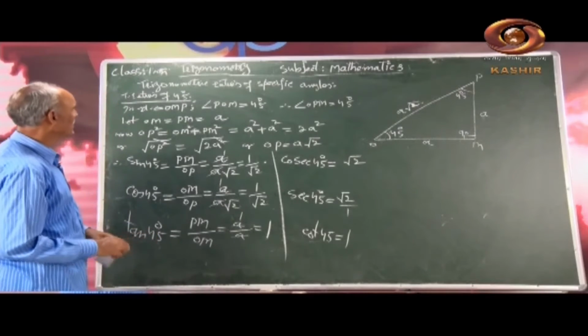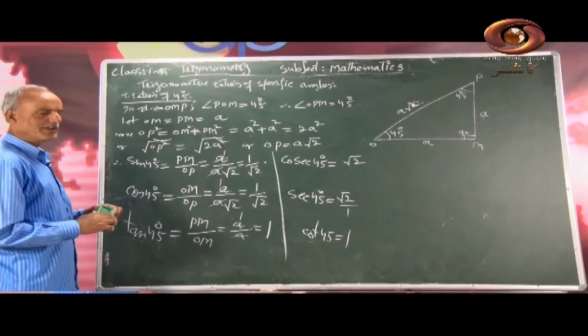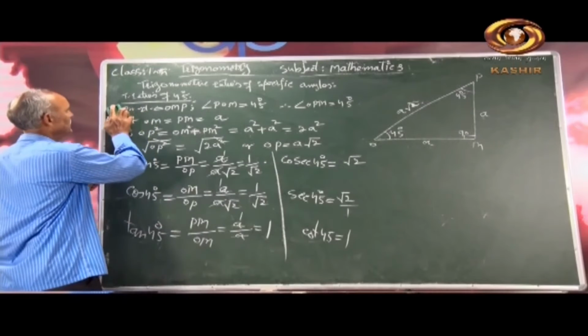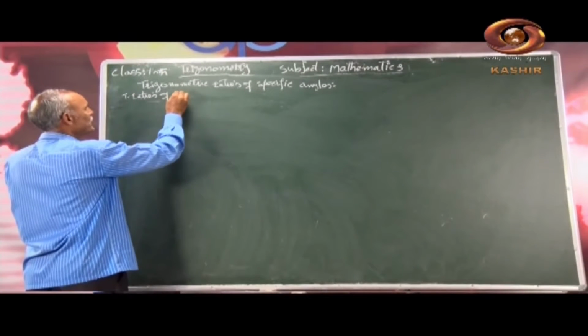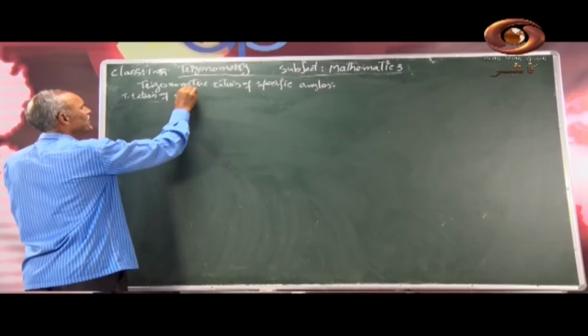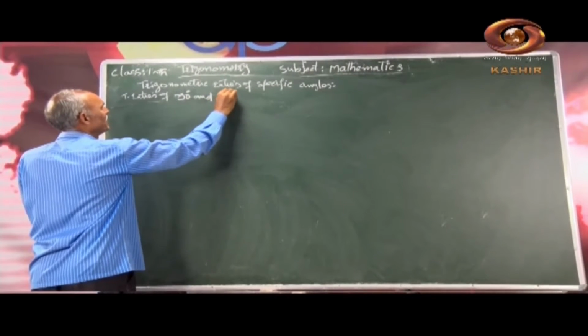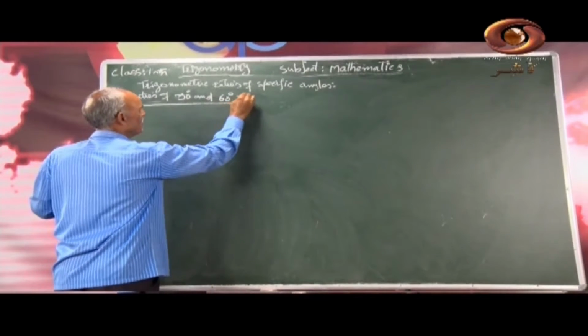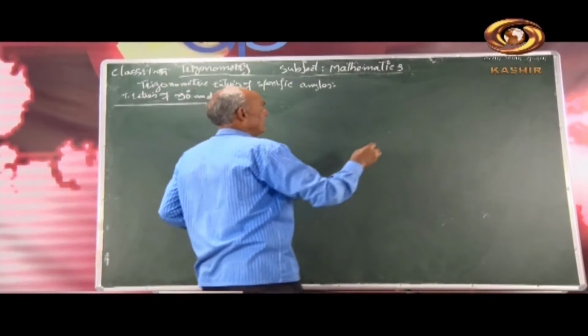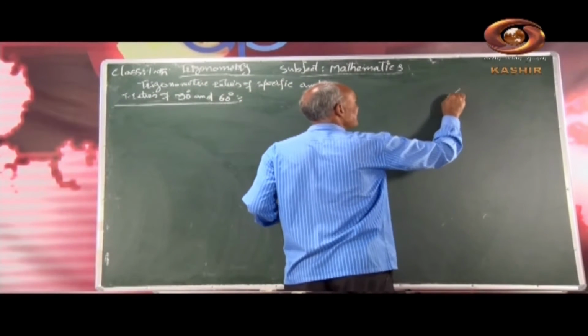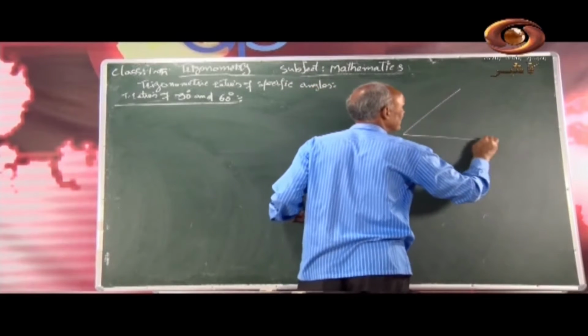Next we will do these T ratios for 30 degree and 60 degree. We will take them simultaneously. Suppose ABC is an equilateral triangle.